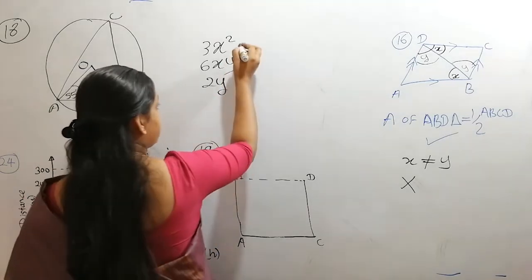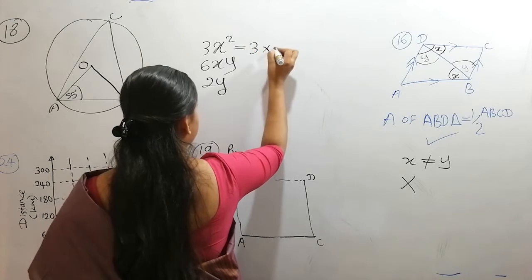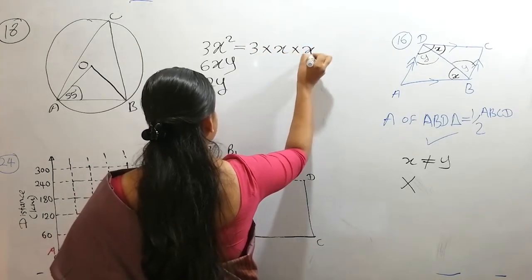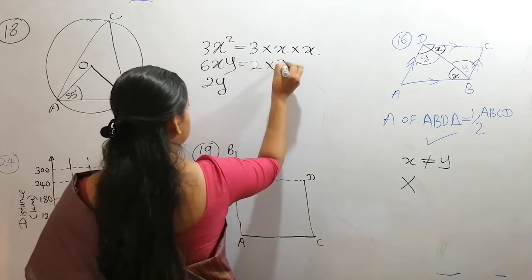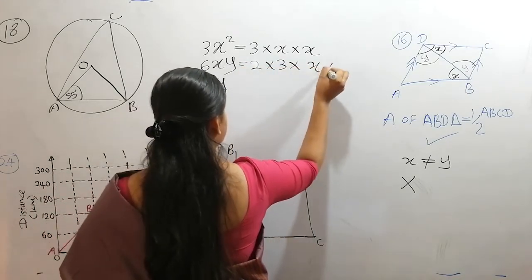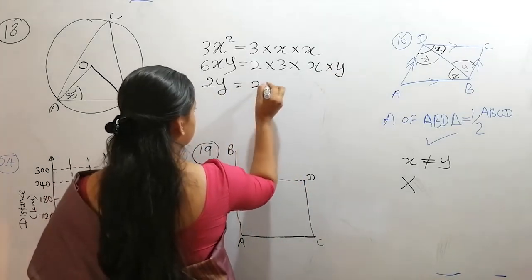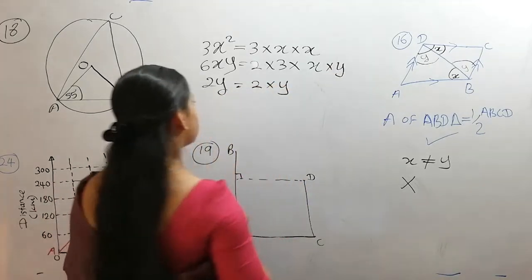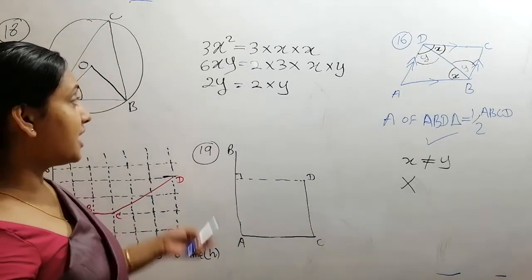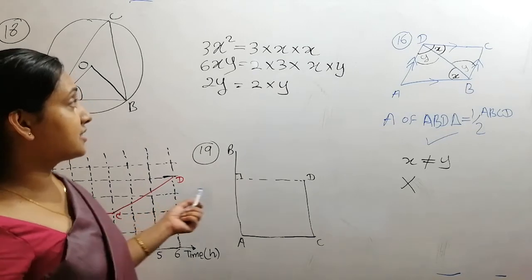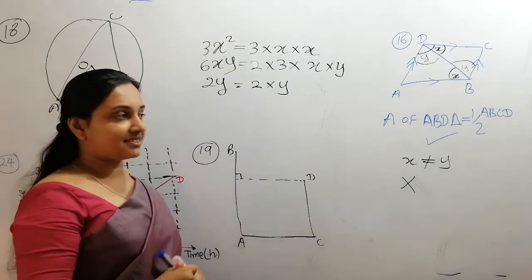We have to find the factors of each term. 3x squared means 3 into x into x. The 6xy means 2 into 3 into x into y. And 2y means 2 into y. To get the least common multiple, we have to take the highest index of each factor.